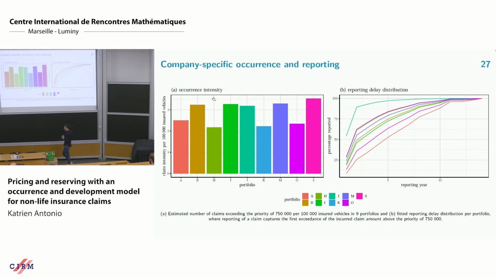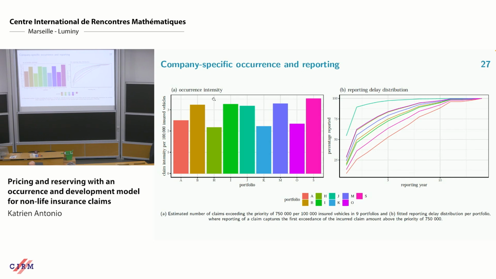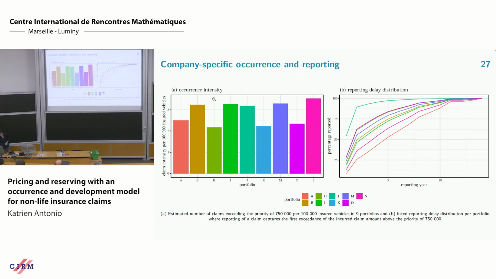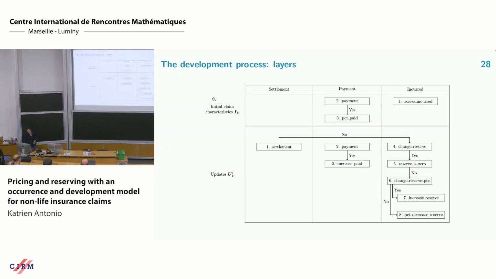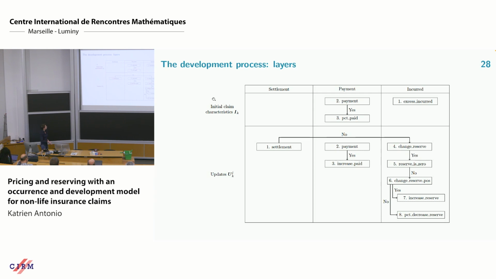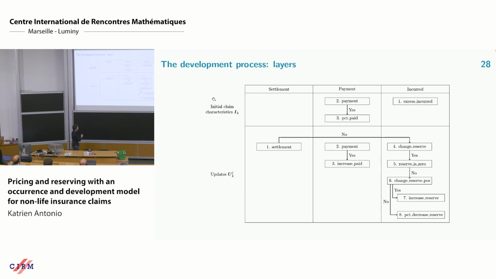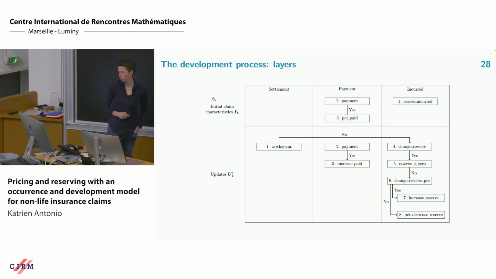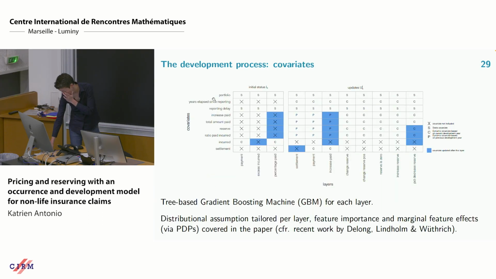There might be vehicles which are way more heavy, more buses, more trucks or something for some companies compared to others. So that was for occurrence and development. If you look at the development of claims, here, of course, the challenge is that you have quite a few things that can happen. We have settlement, we have payments, and we have changes in the incurred, right? So that requires us to distinguish quite a few possible layers in the development model.